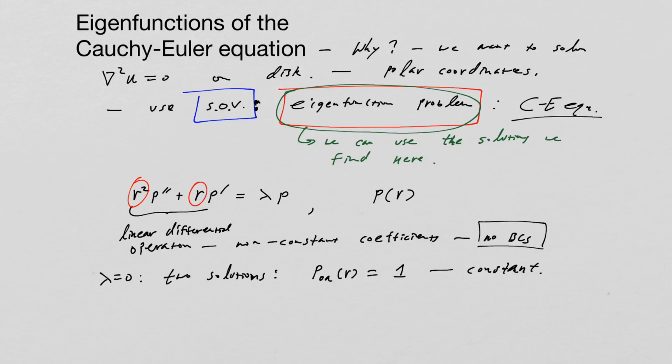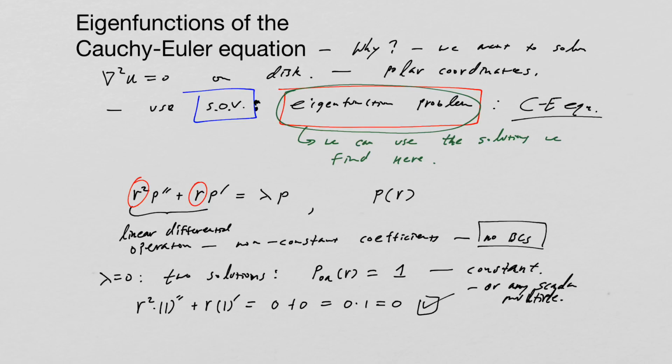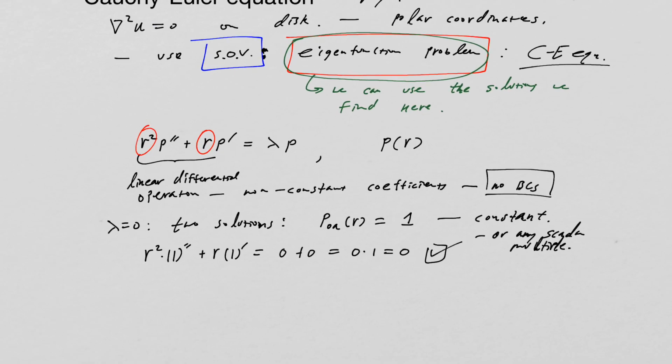Like always with any eigenfunction, any scalar multiple works too. Let's just go ahead and check this really quick. r squared times 1 double prime plus r times 1 single prime is equal to 0 plus 0, which is equal to 0 times 1, which is equal to 0. So that checks out.